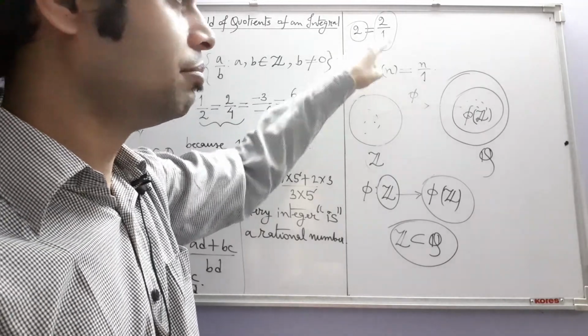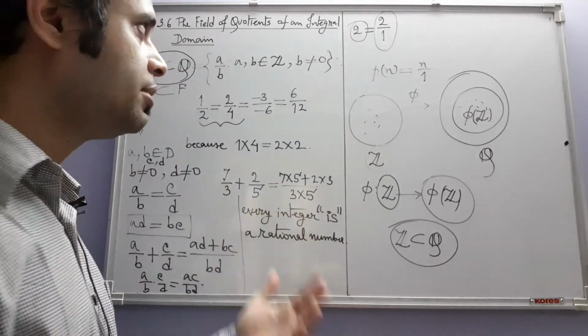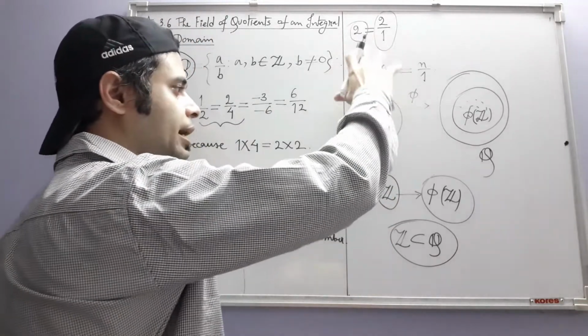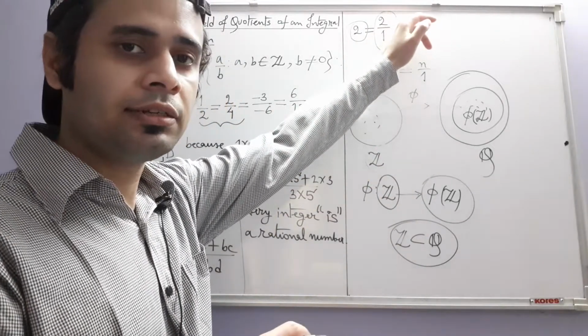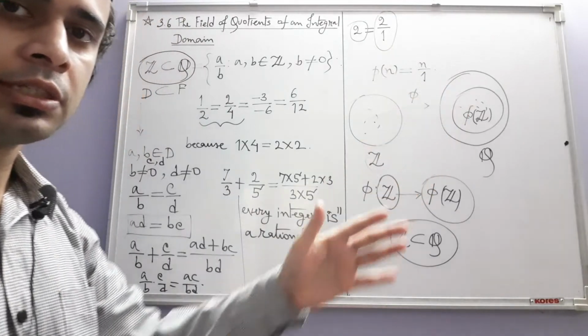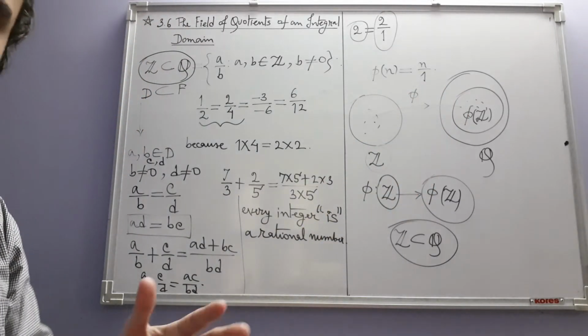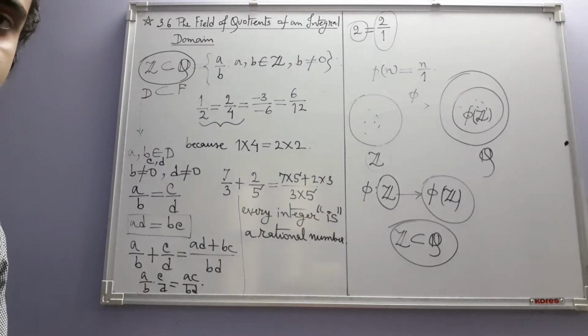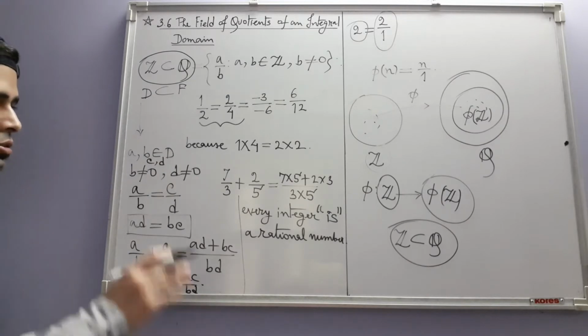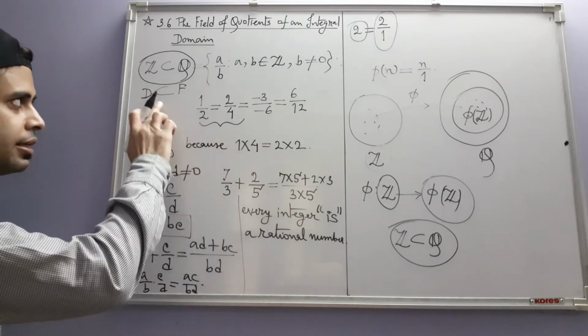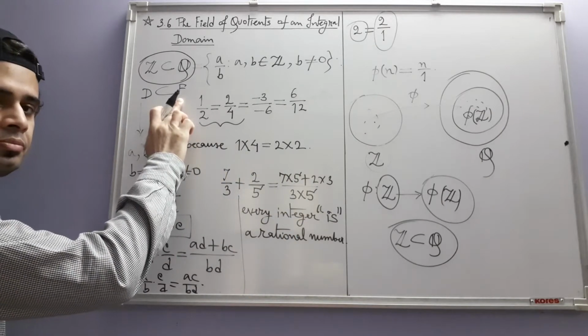if we use 2 and carry out a calculation, and on the other hand, if we use 2 by 1 and carry out a similar calculation, we will end up with similar results which are ring theoretically indistinguishable. Okay, so that means a similar thing will happen here also.